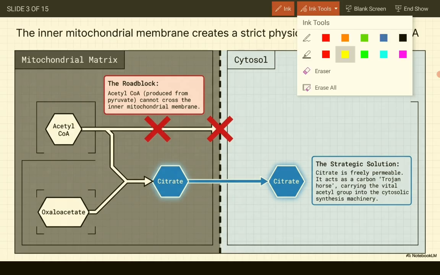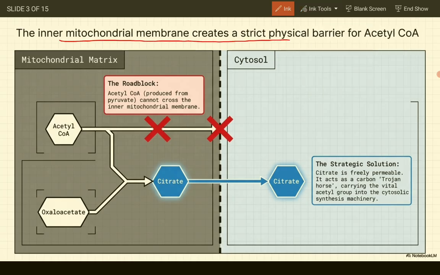The inner mitochondrial membrane creates a strict physical barrier to acetyl CoA. Now you must remember that after glycolysis, and through beta oxidation, acetyl CoA is produced inside the mitochondrial matrix.